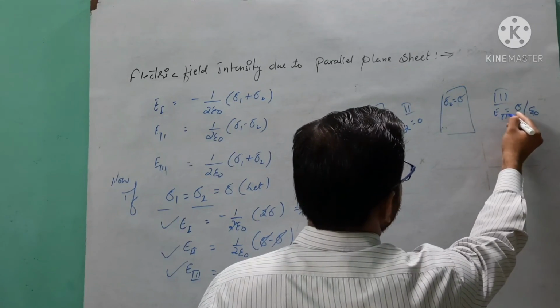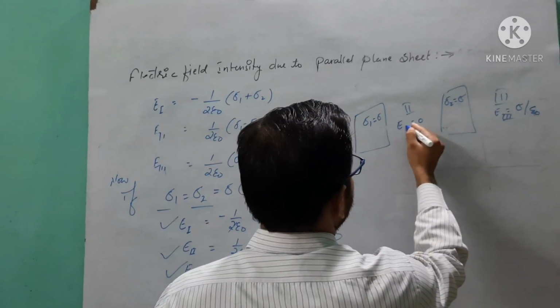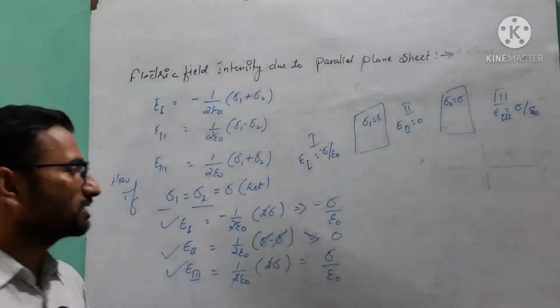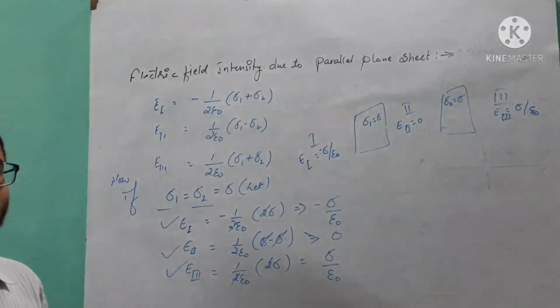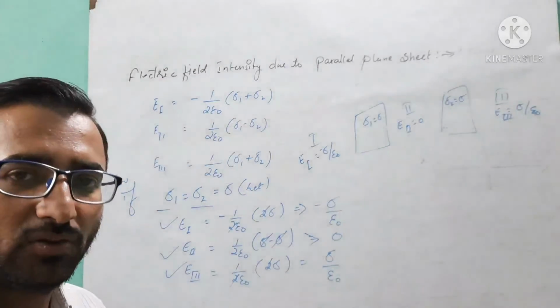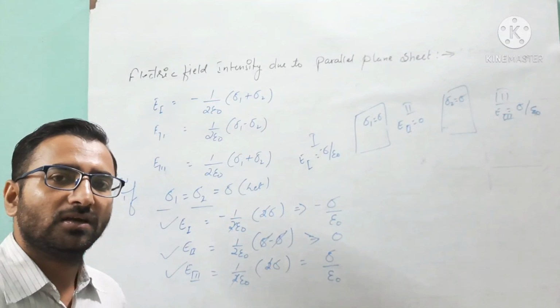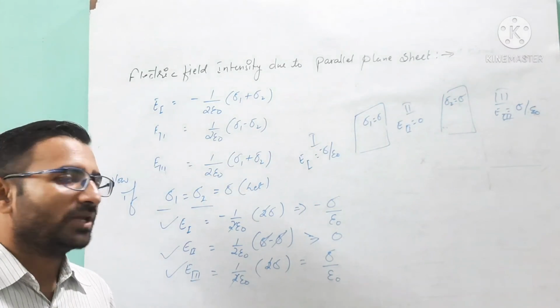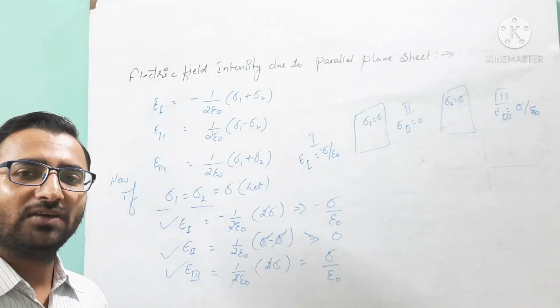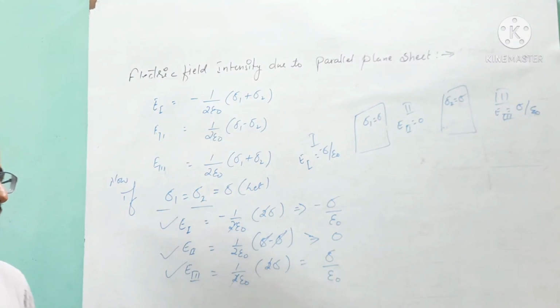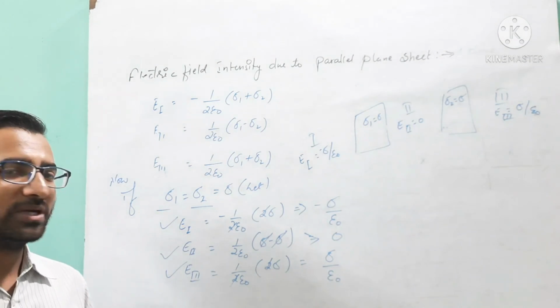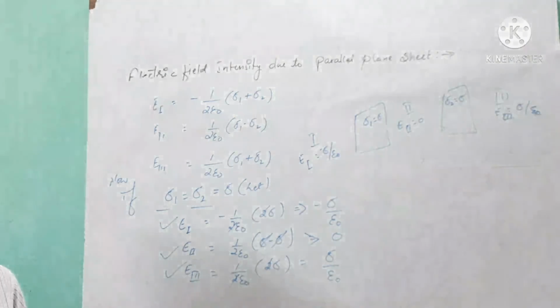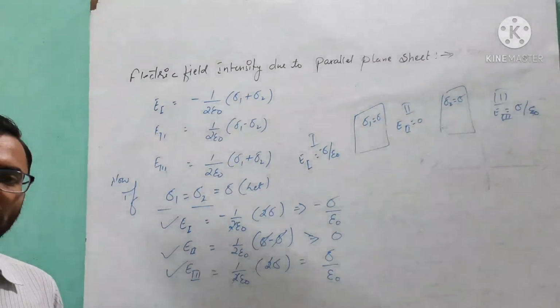Got it? This is the special condition of this derivation, in which we calculate the electric field intensity due to a parallel plane sheet. The remaining derivation or application we will continue in our Google Meet classes or the next upcoming videos. So for that, pause the video and note it down.